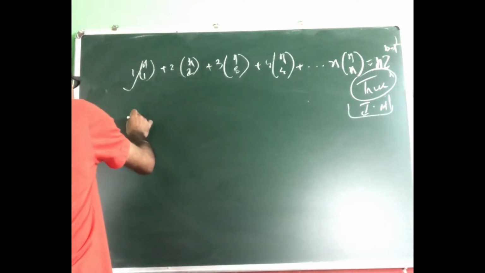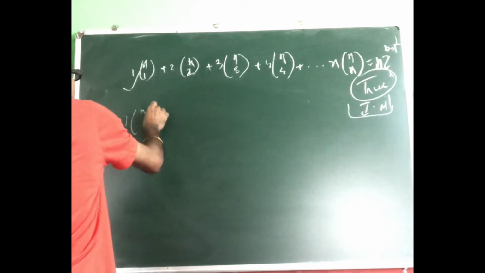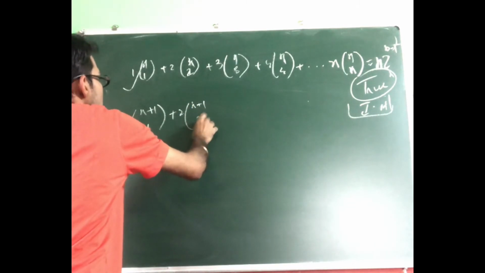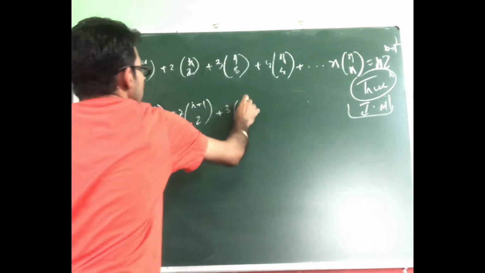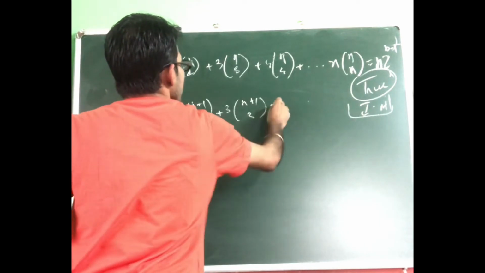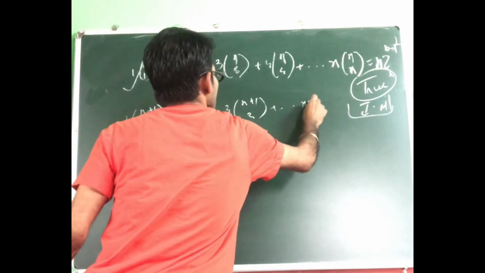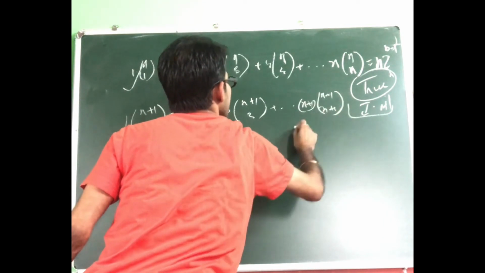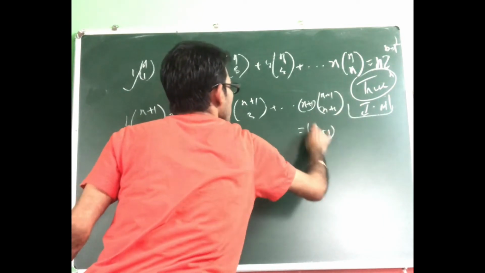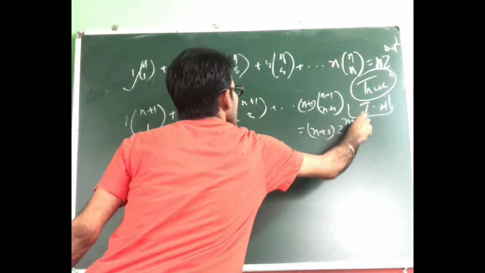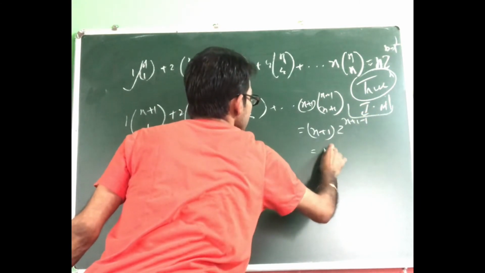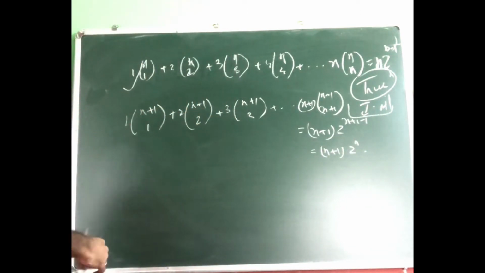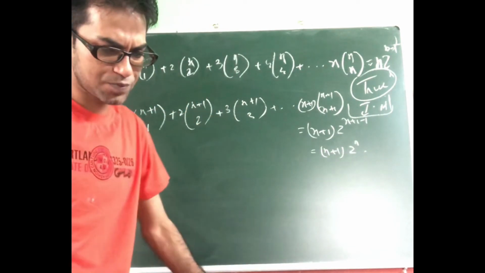So that means I need to replace the n with n plus 1 everywhere: 1 times n plus 1 choose 1, 2 times n plus 1 choose 2, 3 times n plus 1 choose 3, and the last one, n plus 1 times n plus 1 choose n plus 1, and that should be equal to n plus 1 times 2 to the power n plus 1 minus 1, which is n plus 1 into 2 to the power n. So this is what we are required to prove.